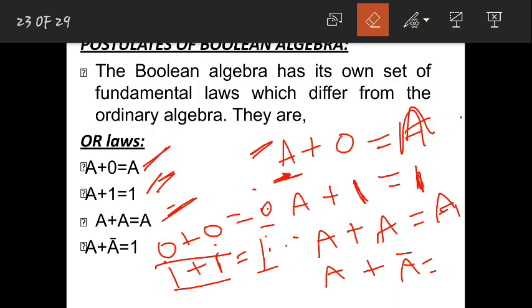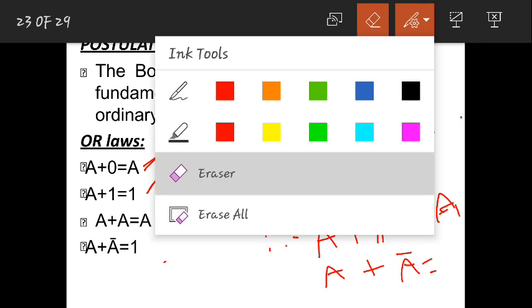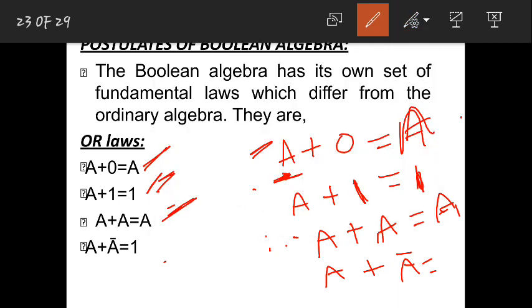Now this one is also similar, A OR A bar. So always both will be opposites. You know the logic that whenever something is ORed with 1, the answer is always equal to 1. That logic you can use here, because A OR complement of A. If A is equal to 0, the complement will be equal to 1, and 1 ORed with something, you will always get 1.